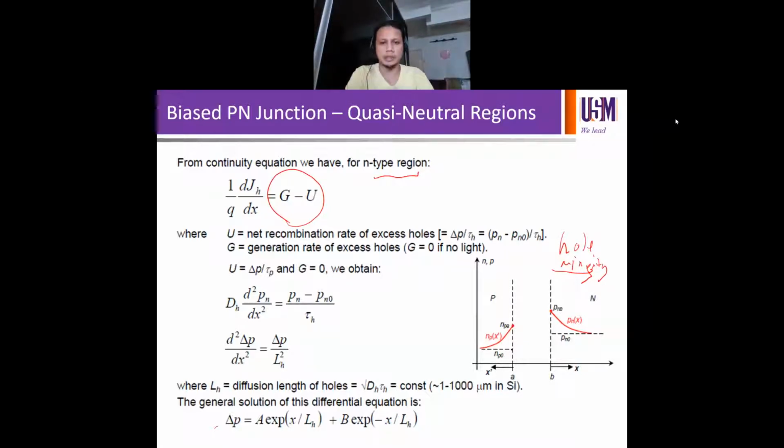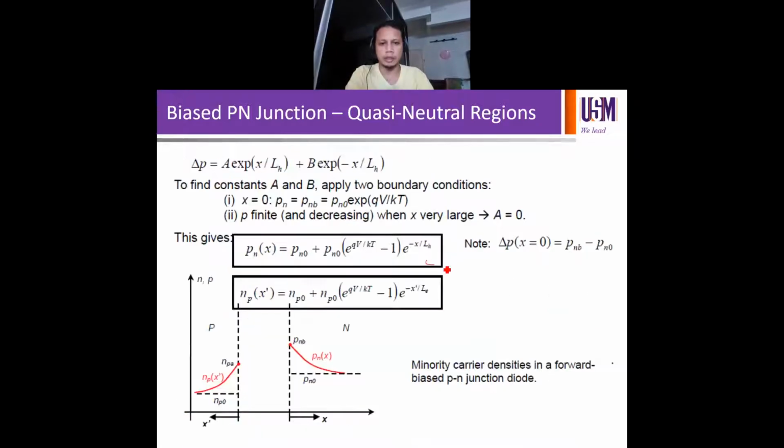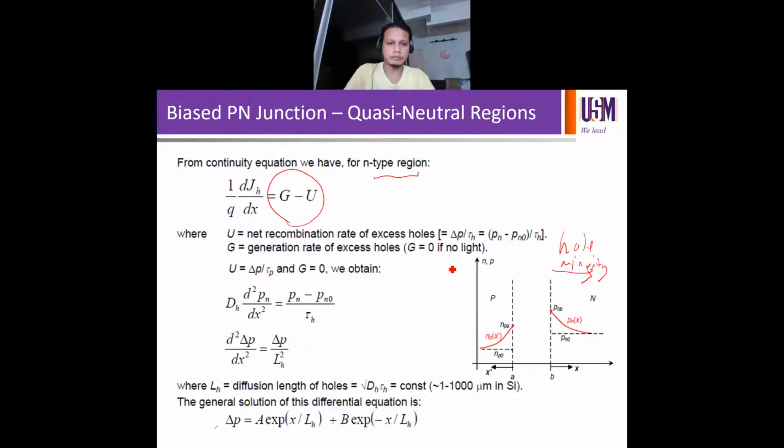In this case, we are not talking about the illuminated case, so G is 0. There's no new generation. So whatever minority carrier holes you have on the right hand side come from the diffusion process from the p-type region.